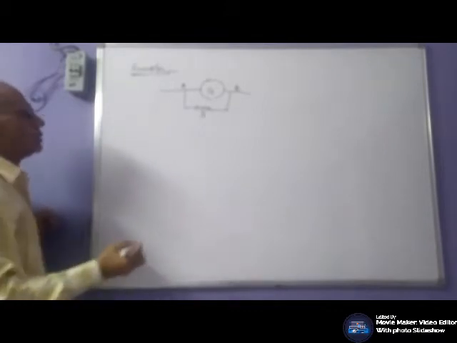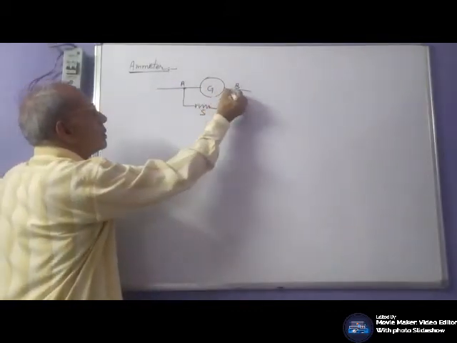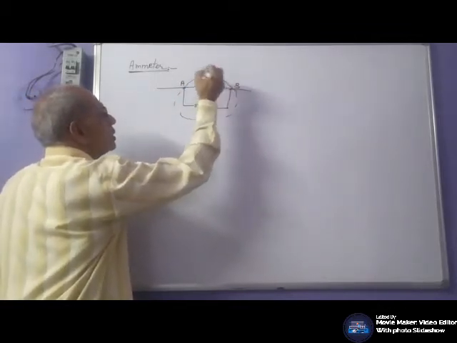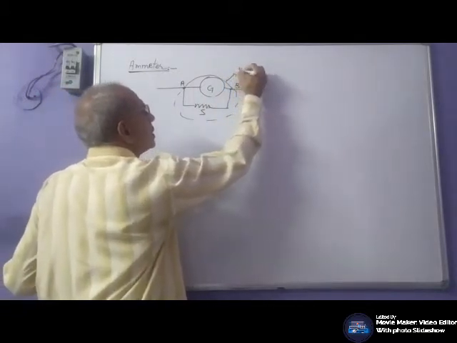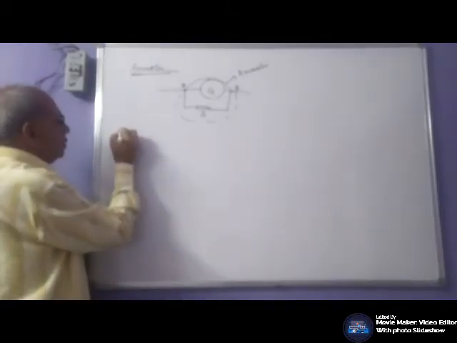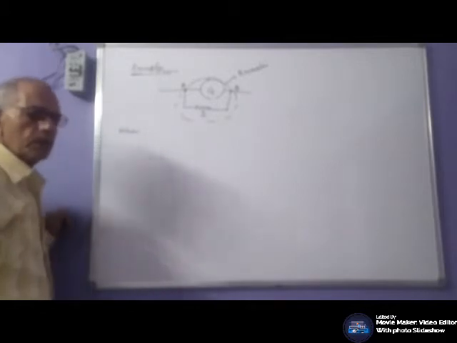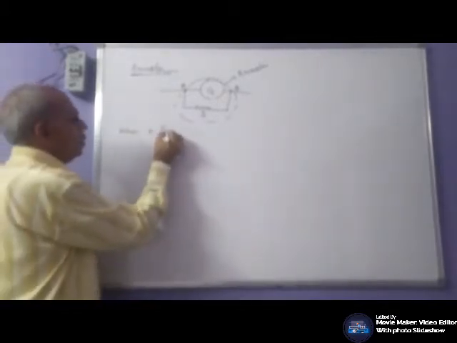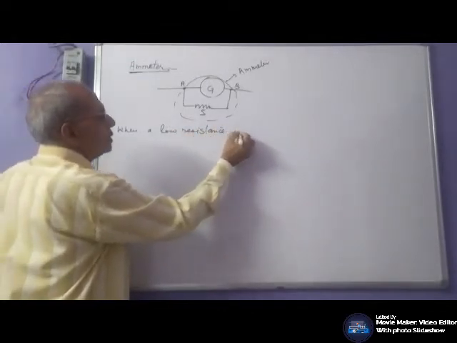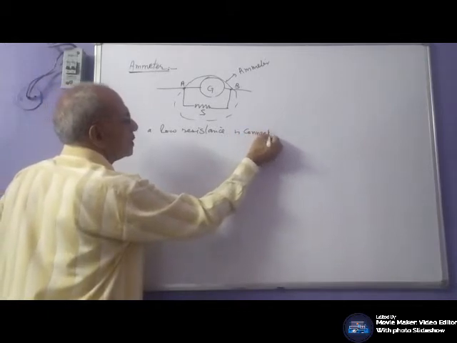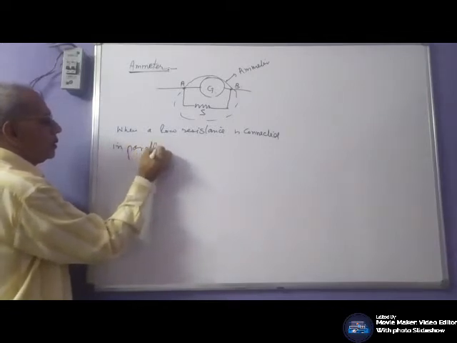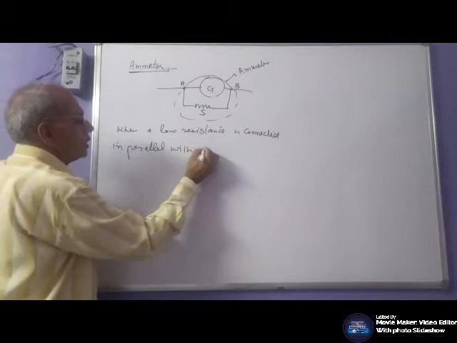The instrument between A and B is called an ammeter. When a low resistance is connected in parallel with the galvanometer, then their combination is called an ammeter.